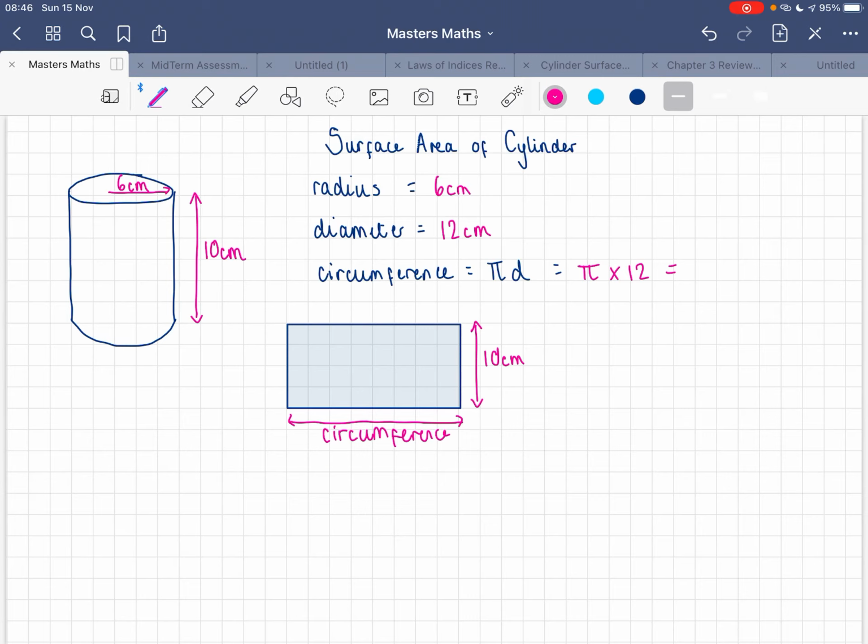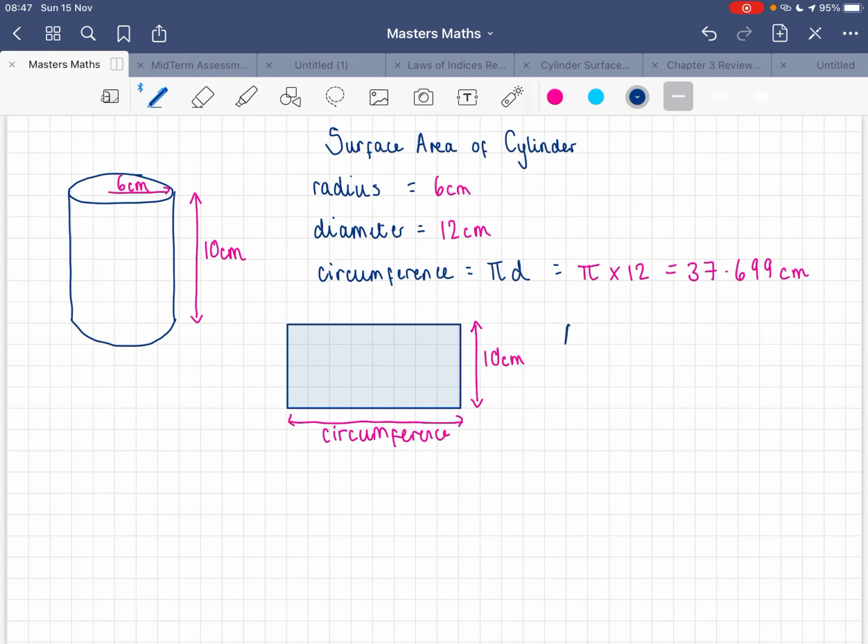I spilled coffee all over my calculator. 12 is 37.699. I'm going to leave a few decimal places there because I'll round it properly right at the end. So I always leave a few extra than what I actually need until I'm right at the very end of the question to make sure my answer is as accurate as it possibly can be.